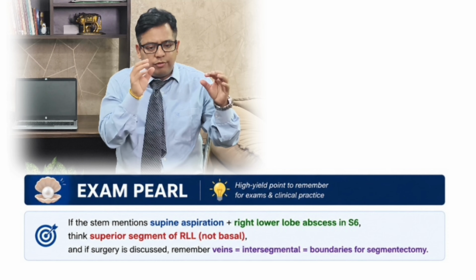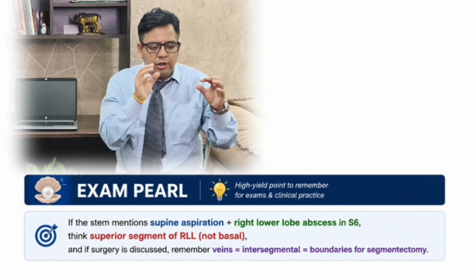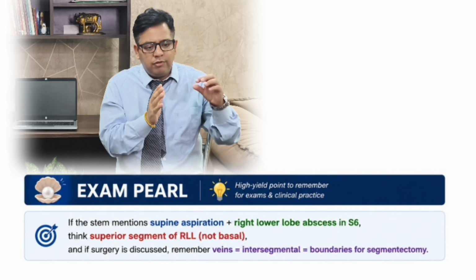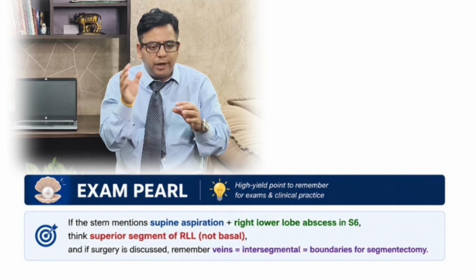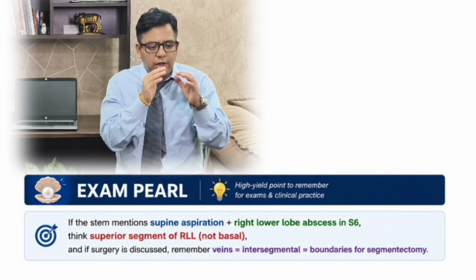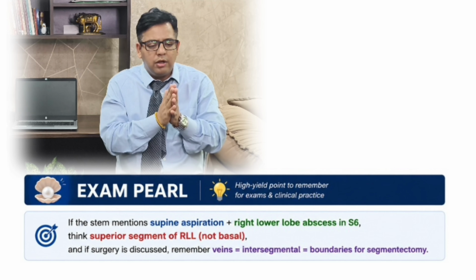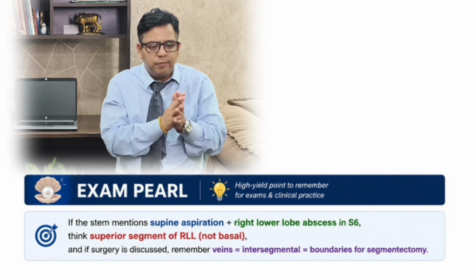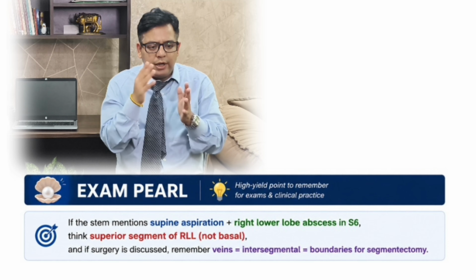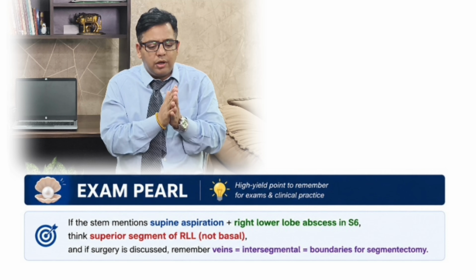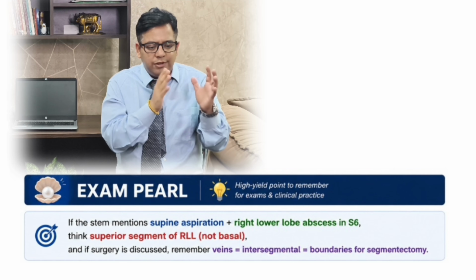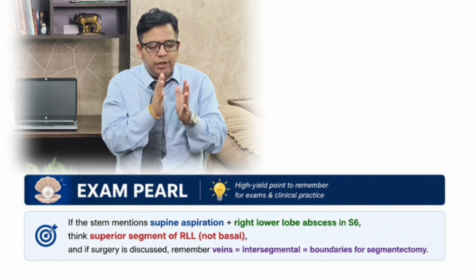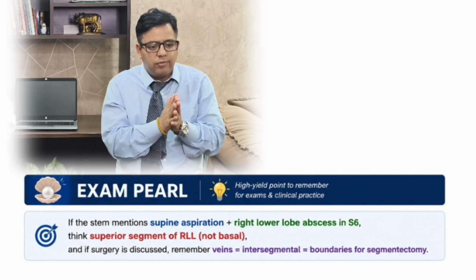When the surgical decision has to be made, we'll go for segmentectomy and not for lobectomy. Why? Because the intersegmental veins are very clearly delineating the segmental boundaries, and the S6 segment, as in this case, can be easily resected instead of going for entire lobectomy. So these two take home messages we need to note from this case.